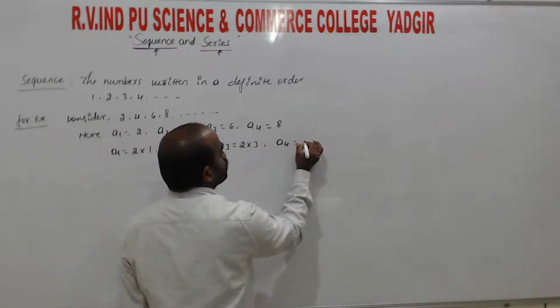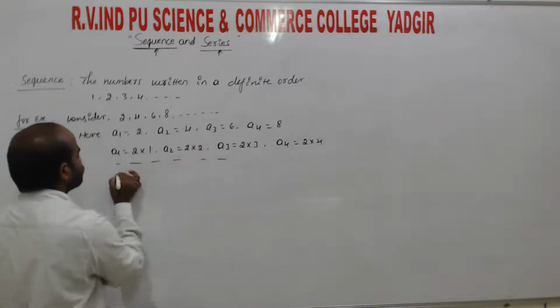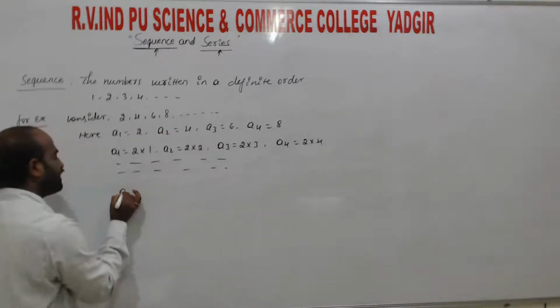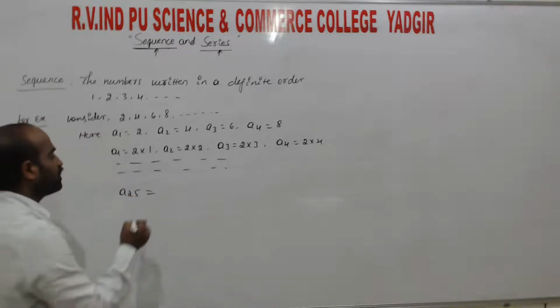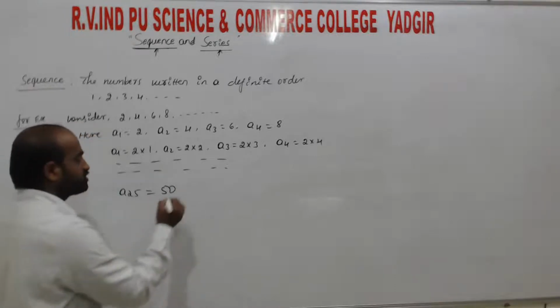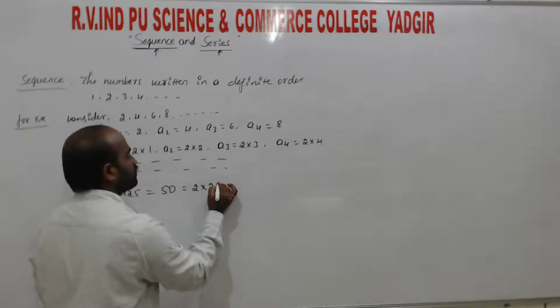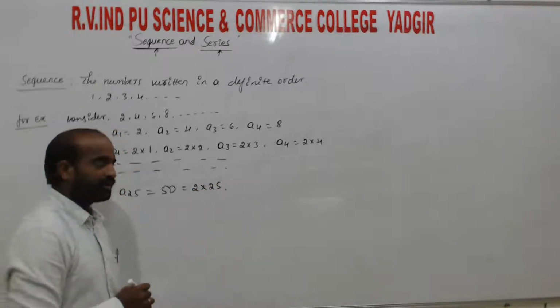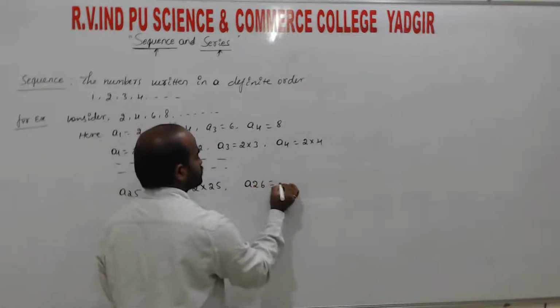A4 is equal to 2 into 4, and so on. Check A25. A25 is equal to 50, which means 2 into 25. Next, A26.